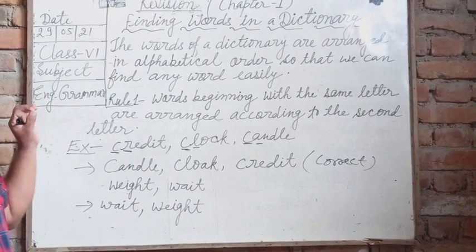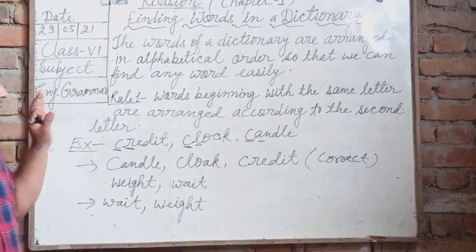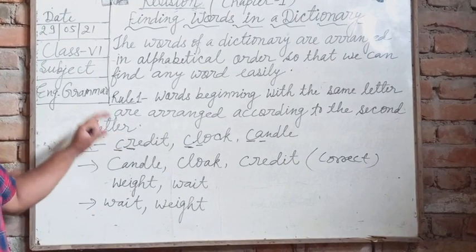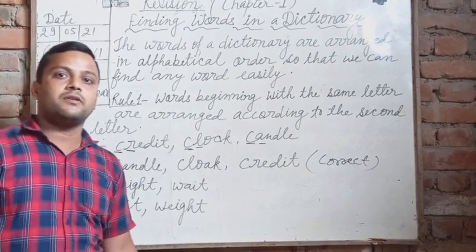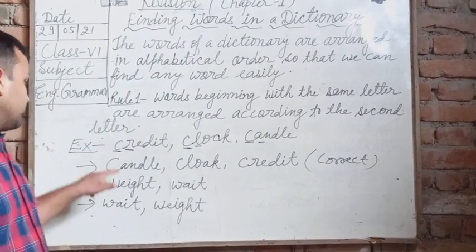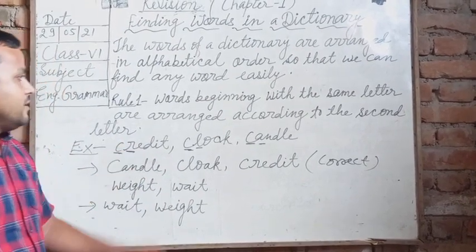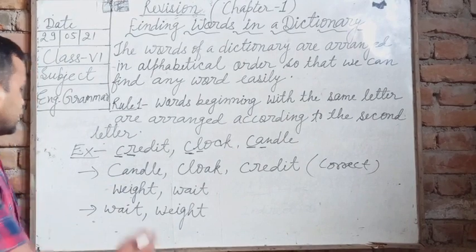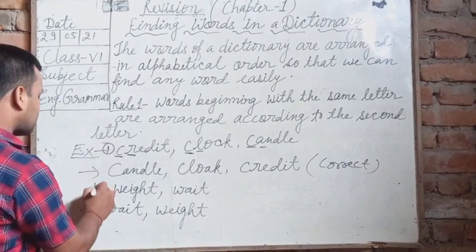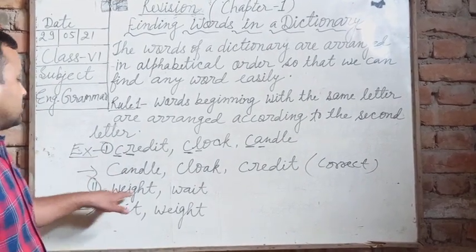If the first letter of the given words is the same, then the words will be arranged according to the second letter. See the second example: wet and wait.